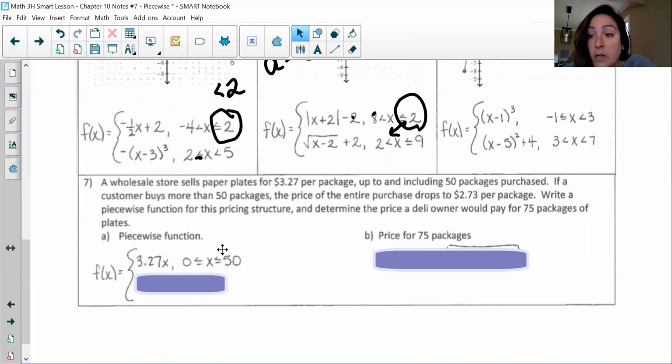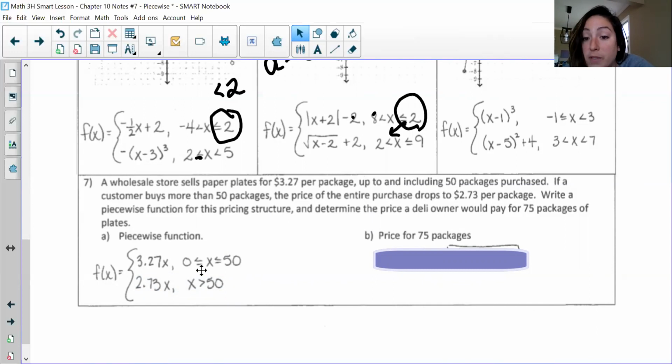So 0 is less than or equal to x, which is less than or equal to 50. But when x is greater than 50, then f of x is equal to 2.73x. Because it's for the whole thing. So you don't have to worry about buying 50 at this price and then the remaining few at a different price. The whole price drops down to that amount. So that's our piecewise function for this scenario.